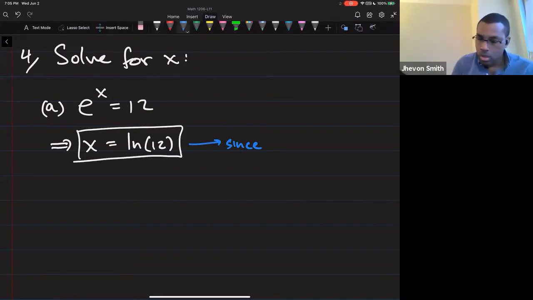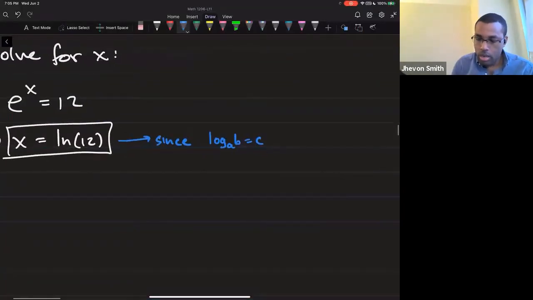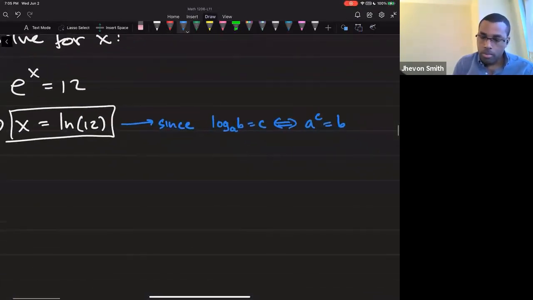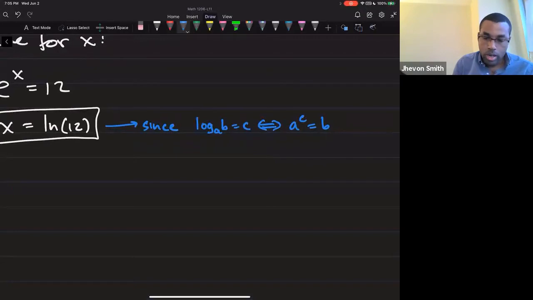And that is since we have a rule that says log to the base a of b equals c means a raised to the c equals b. So in other words, if I have ln of b equals c, remember, the base is e, so it would be the same as saying e to the c equals b.